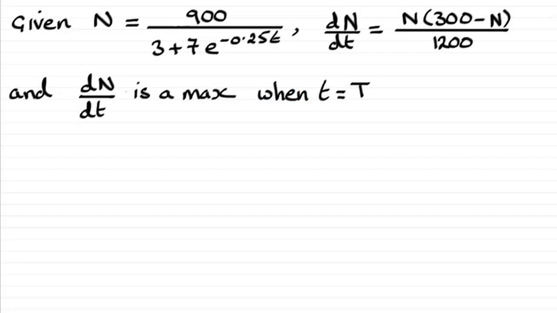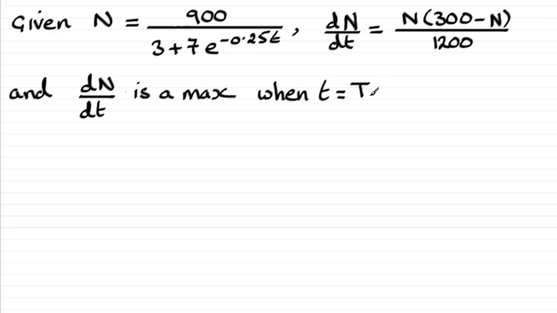Okay, so for this part of the question, we were given the equation here for n in terms of t, and we previously worked out the rate of growth, dn by dt, equaling n times 300 minus n all over 1200. And now we're told that that rate of growth, dn by dt, is a maximum when t equals big T here, after t months. So we've got to find out what the value of t is.